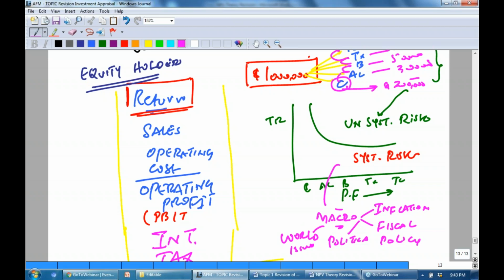Systematic risk hits every industry, somewhere higher, somewhere lower, but it hits all industries. For example, in a particular economy, if inflation increases, it affects all industries, more effect on luxury, less effect on necessities or comfort, but it hits the whole economy.